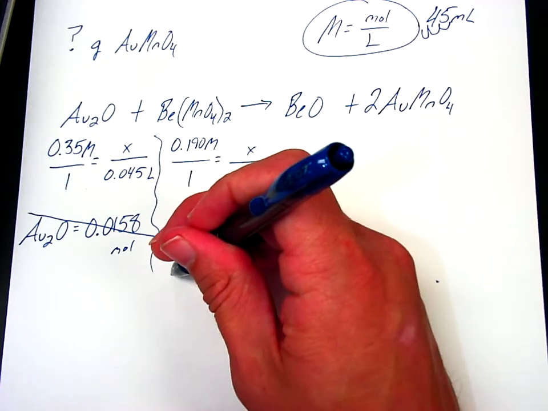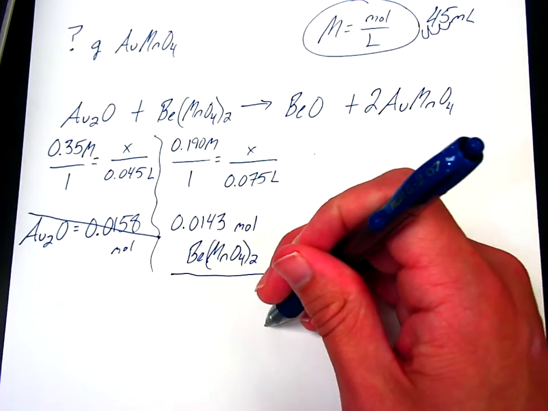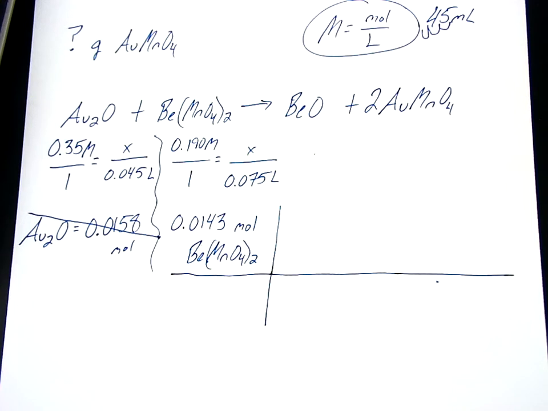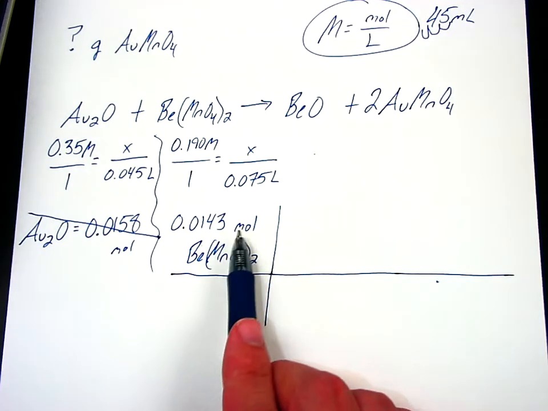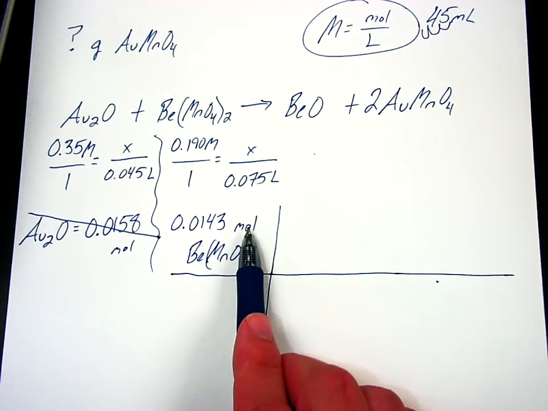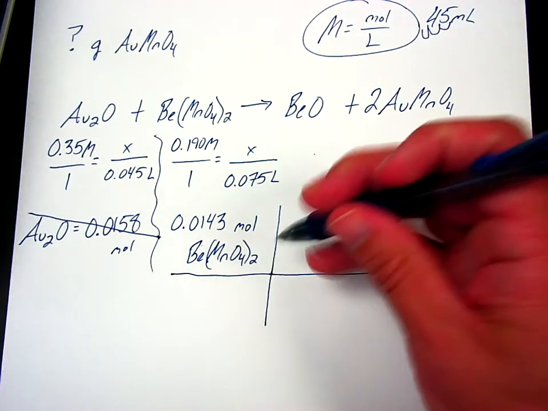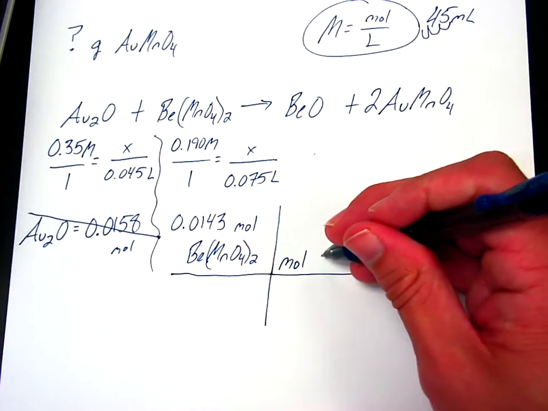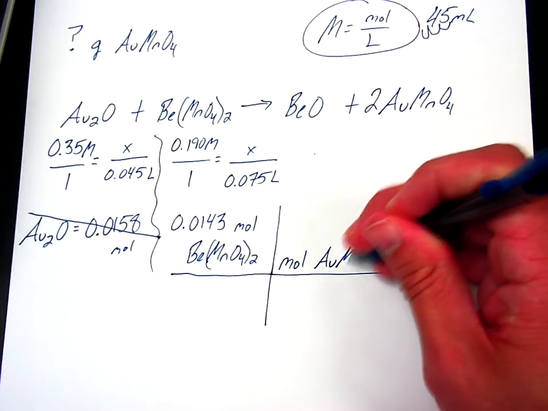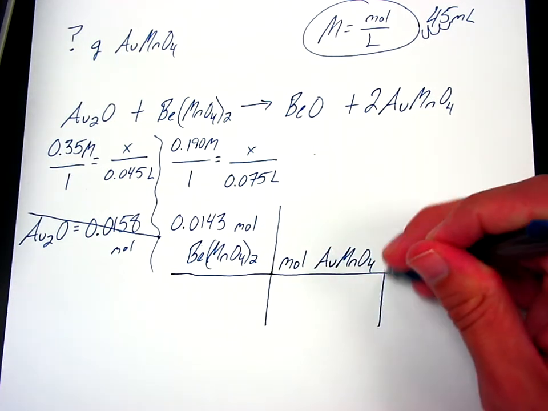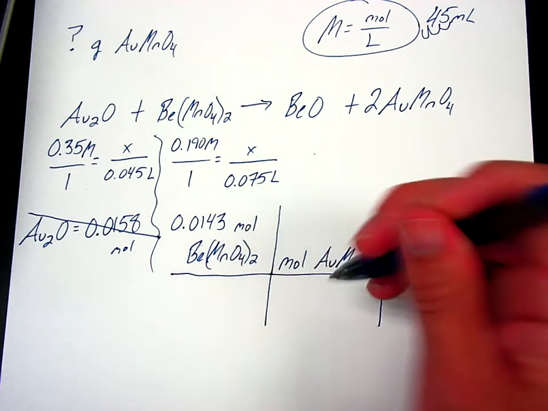So now we can run a stoichiometric grid in order to figure it out. So we've got moles of given. From moles of given, we can go to moles of unknown. So we're going to go to moles of Au2MnO4. Of course, the diagonals need to match.